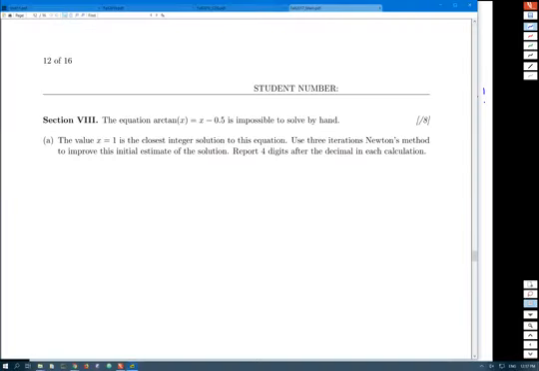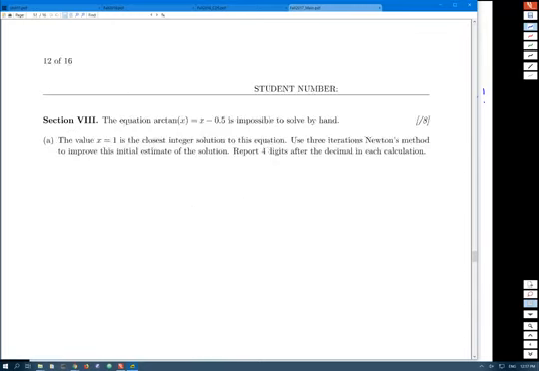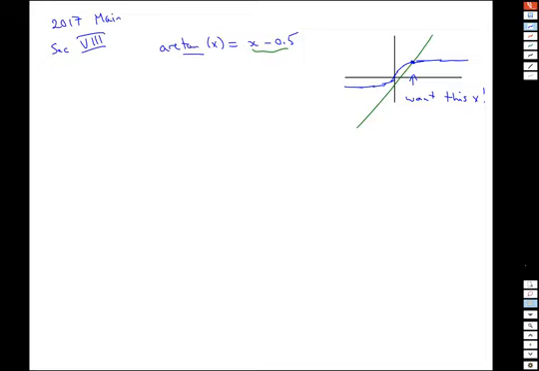Now, the extra details in the question: we're told that x equals 1 is the closest integer solution, and we're to use Newton's method with this. The first thing with Newton's method is to remember the process, and the first step is that we need some function of x.